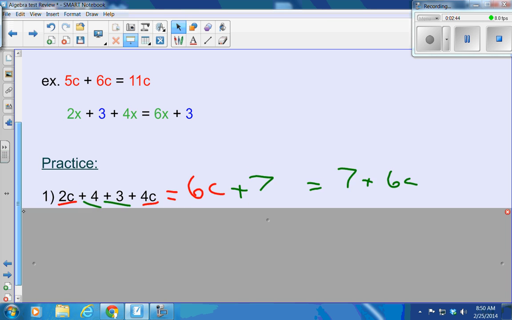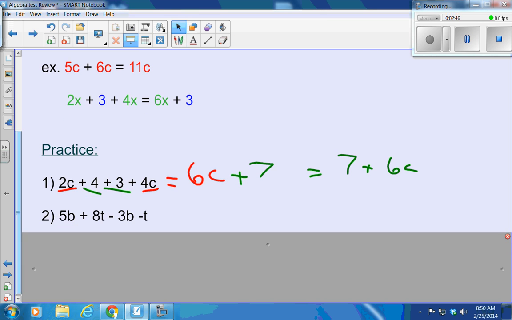Okay, here's where it gets a little bit more tricky, when we have negative signs. What you need to know is this negative sign right here goes with the 3b, and this negative sign goes with the t. Negatives and minus are the same thing for our purposes on this test. So if there's no sign in front, it is a positive.